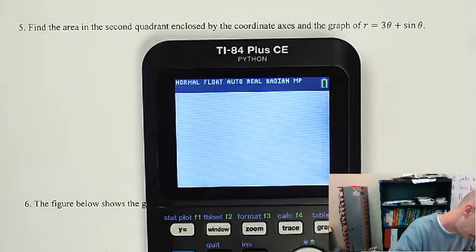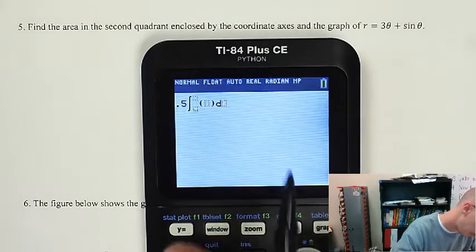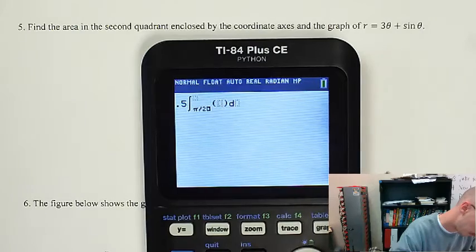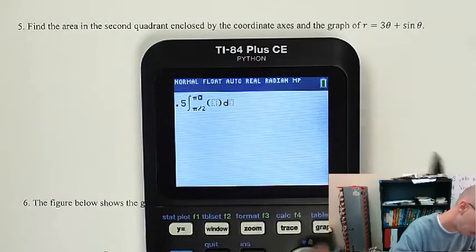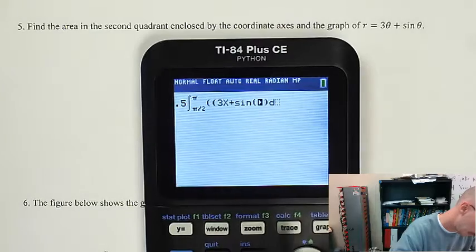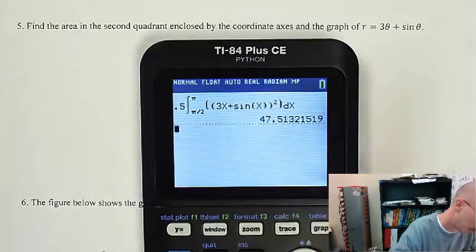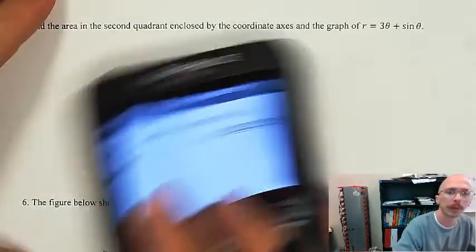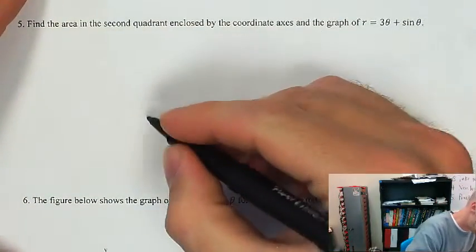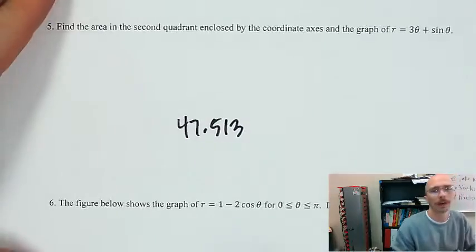And I'll have 1/2 r squared, and this is from pi over 2 to pi, because it said second quadrant, of r squared is 3 theta plus sine theta squared d theta. You get 47.513. Right, but that's not ever enough, right?